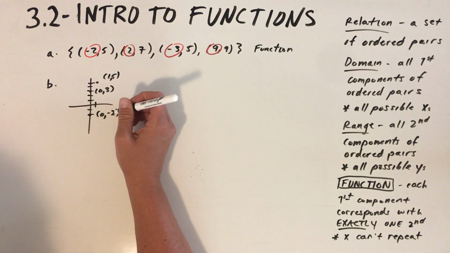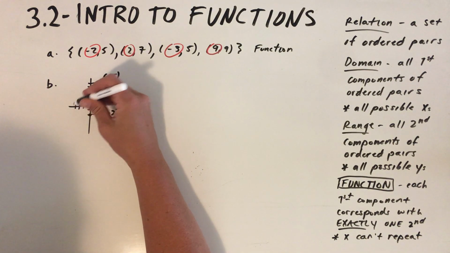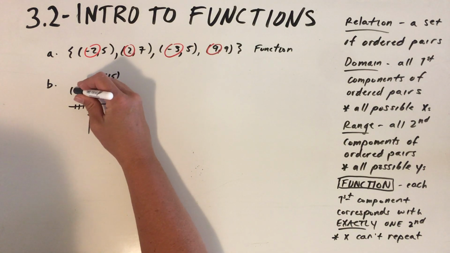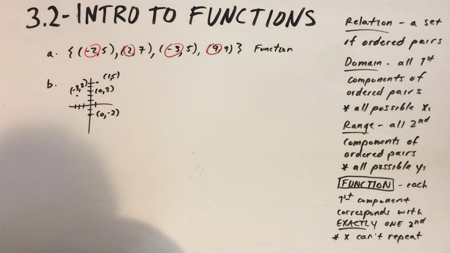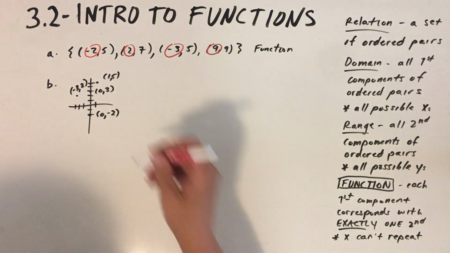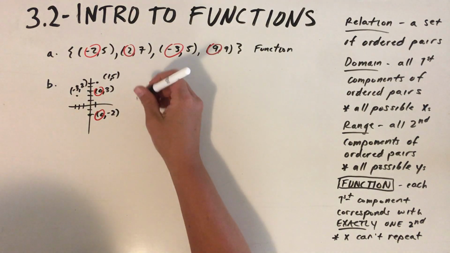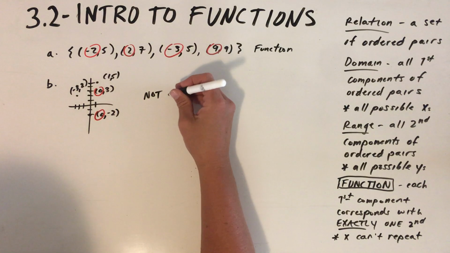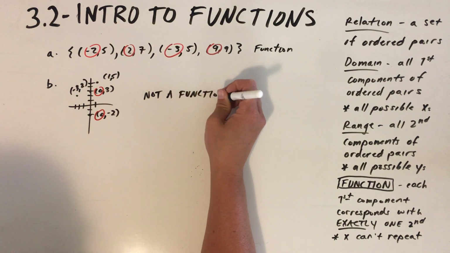And it also has the point -3, 2. So question is, is this a function? Well, because as you can see, these x values here repeat themselves, then this is not a function. Okay, not a function.